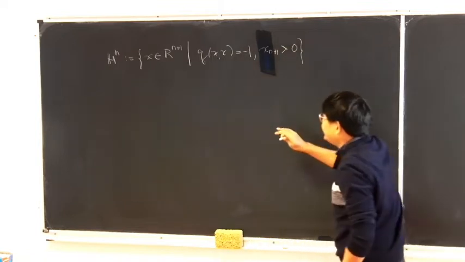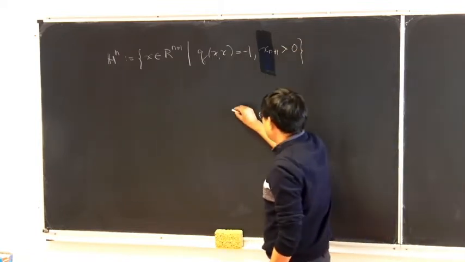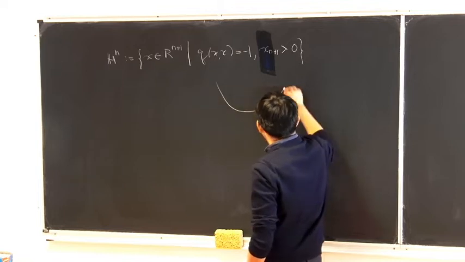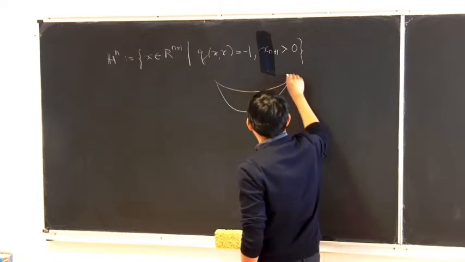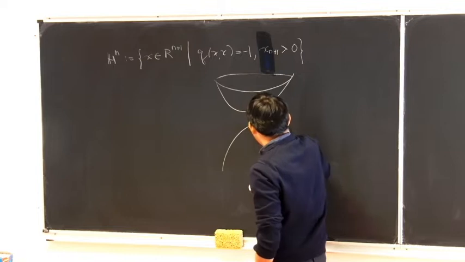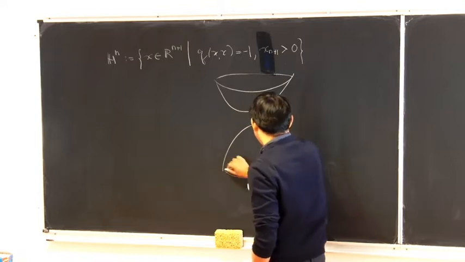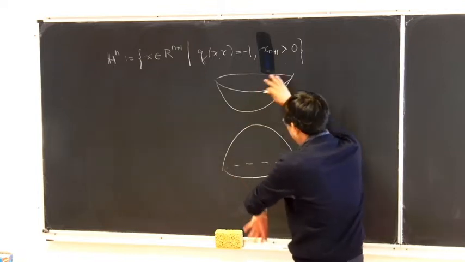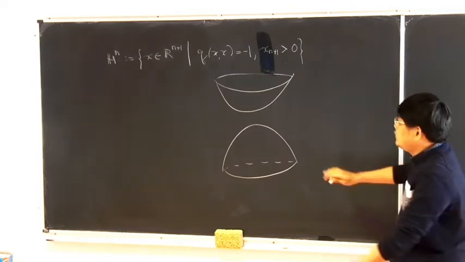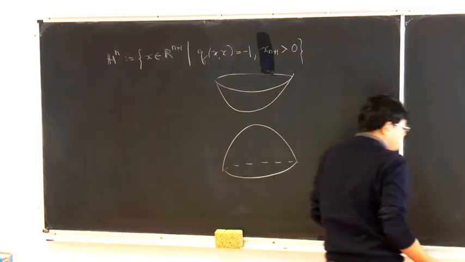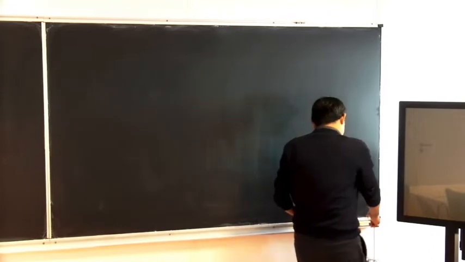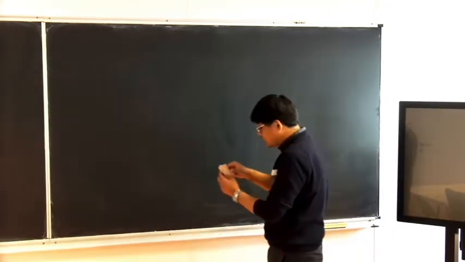Otherwise, if you don't have this, you will have the hyperbolic bowl here and here. So they are separated sheets, and actually we don't want these two bowls. We just need one of them.